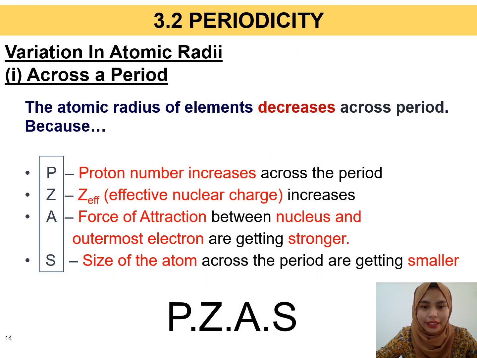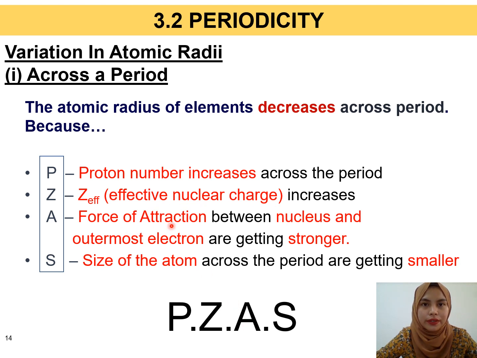Okay, the key word here that you need to remember, kalau let's say across the period, you need to remember P ZAS. Okay, so you can include every points di P ZAS ni. P apa? Bila across the period, proton number increase, therefore effective nuclear charge akan increase. The attraction, A untuk attraction.